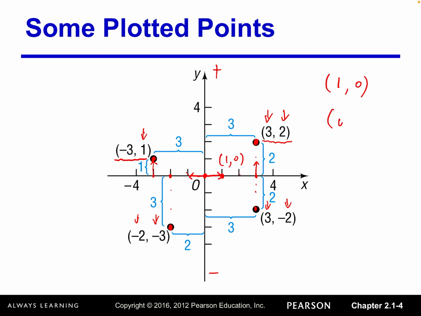If you want to plot the point (0, 4), the x coordinate is 0, so you stay at the origin, then read the y coordinate and go up 4: 1, 2, 3, 4. You plot it right here. You will see those points are special points. They are located on the axes: (1, 0) is located on the x-axis, and (0, 4) is located on the y-axis.